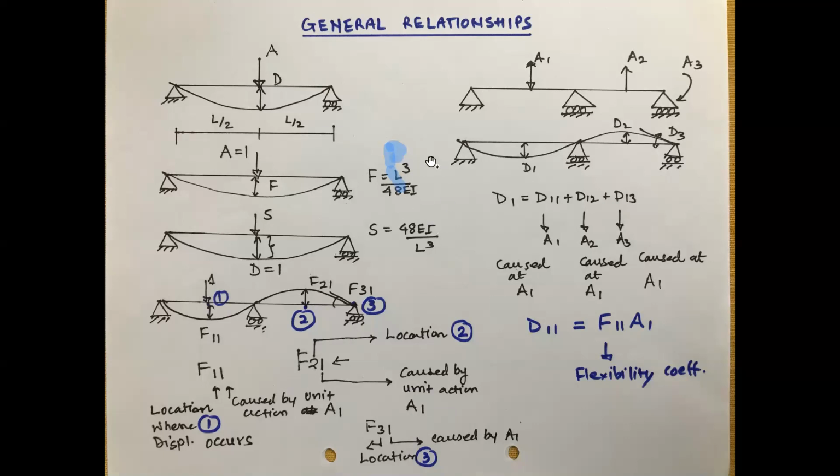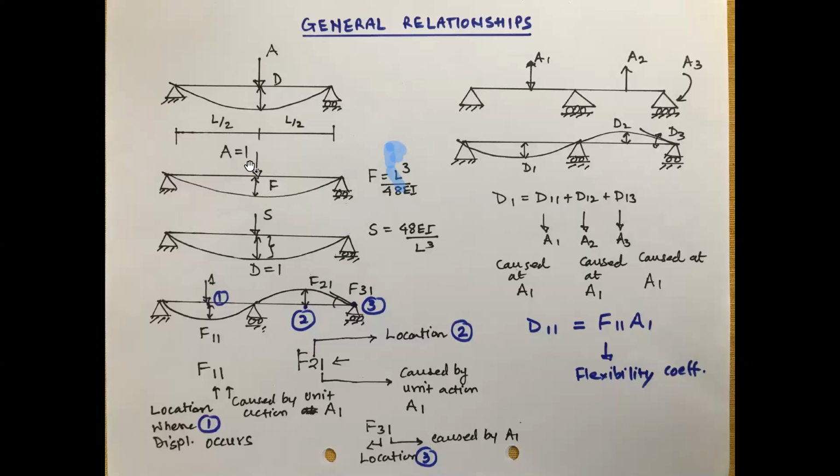I hope all of you are able to understand what I'm trying to say. Our original equation is PL cube by 48 EI. When you make P equal to 1, you get flexibility, because flexibility is nothing but the deflection because of a unit applied load.